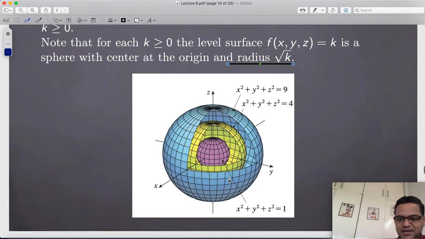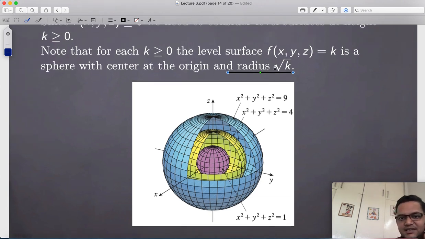So the whole point I am trying to make here is that the level surfaces are going to be sitting in R3, because it's an equation in x comma y comma z, 3 variables. So this is going to be a geometric object in R3, and for each value of k you have this 3-dimensional situation.